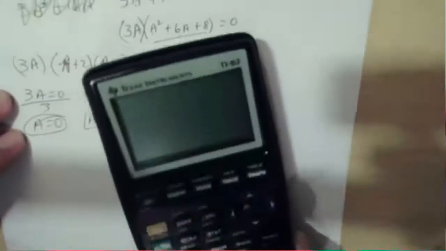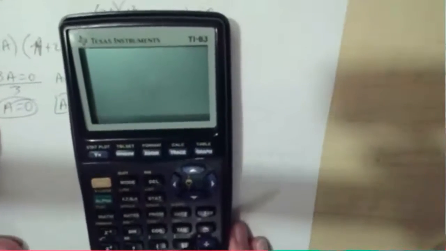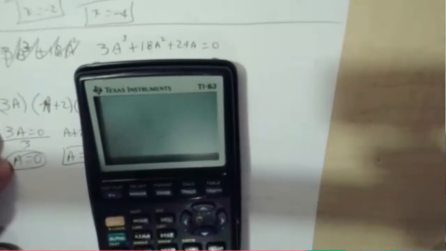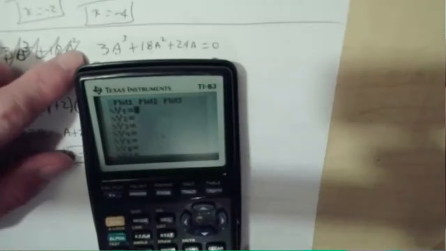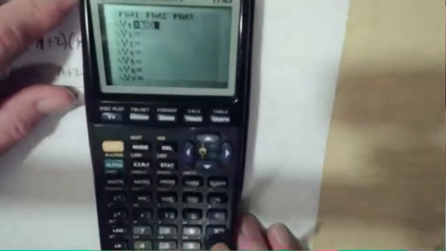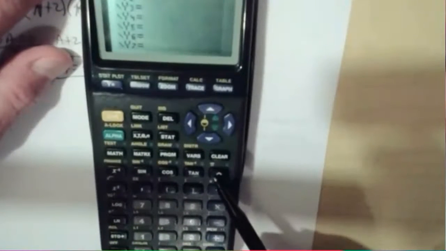And again, you can do this on your handy dandy graphing calculator. First turn it on, go to y equals. Now we want 3a cubed. Now a is the same thing as x, it's the variable. And we're going to raise to, this thing right here means raised to what power?